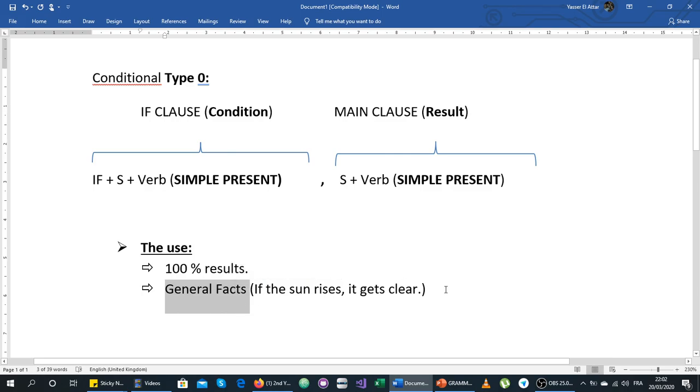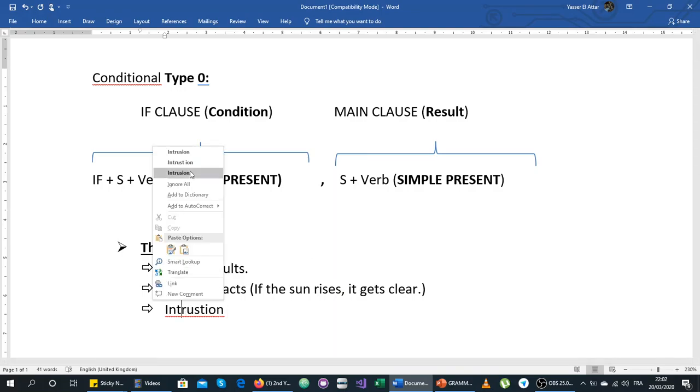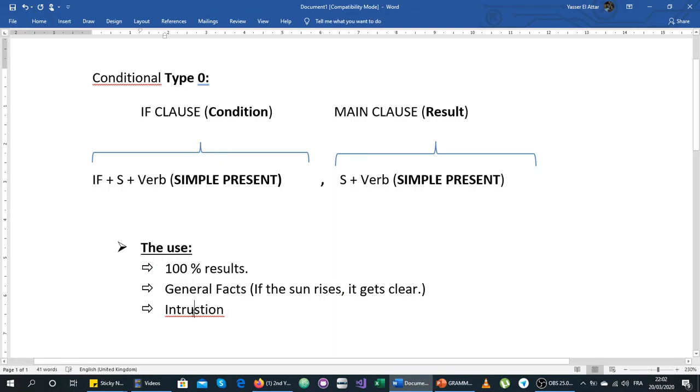general facts, or scientific facts, something that is scientifically true, or about instructions. What do we mean by instructions?